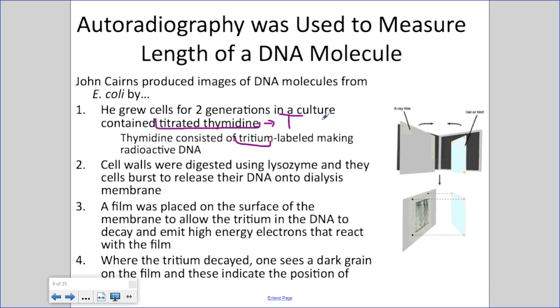And what is tritium? Tritium is an isotope of hydrogen. Remember that hydrogen is an atom that contains 1 proton and 0 neutrons. Once you start to add neutrons into the nucleus of hydrogen, you can change its mass, and we give these different isotopes different names.